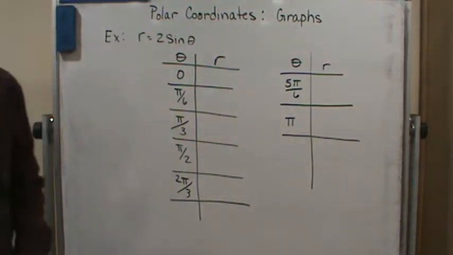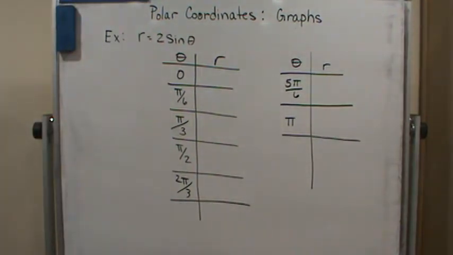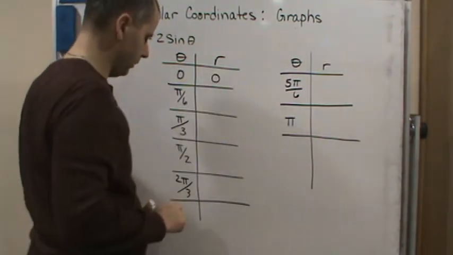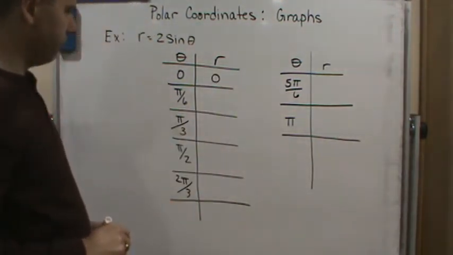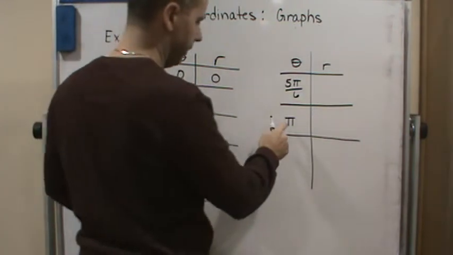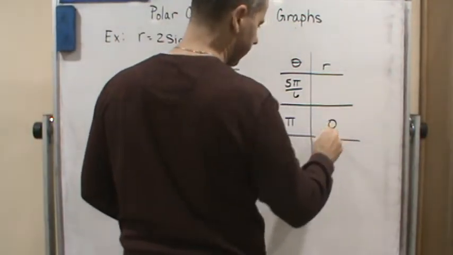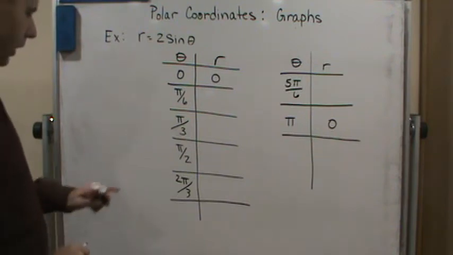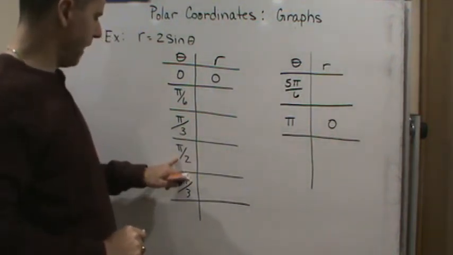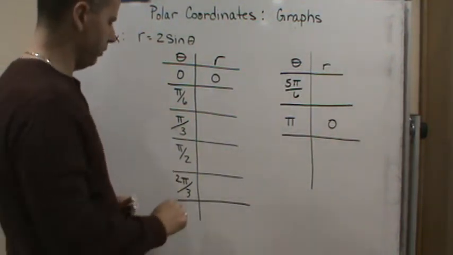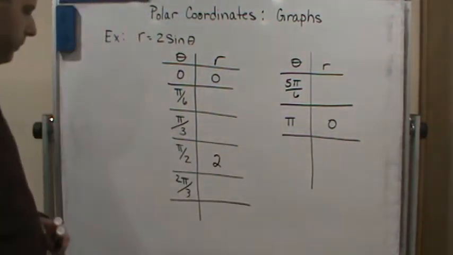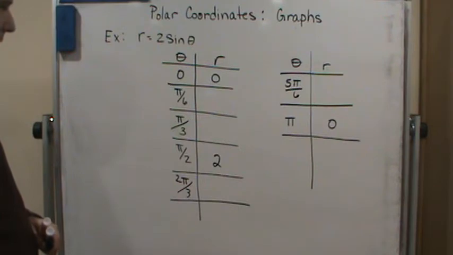So we know when theta is 0, r is 0. Okay. We also know when theta is pi, r is 0. We know that sine is maximized at pi over 2, so we know this is going to have a value of 2.